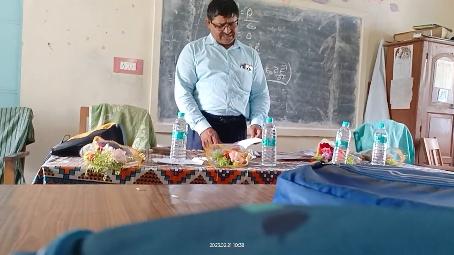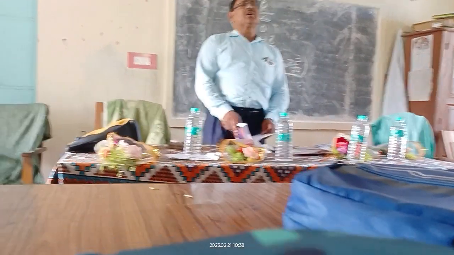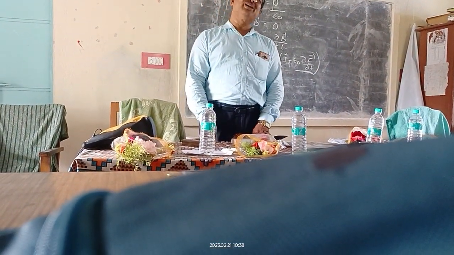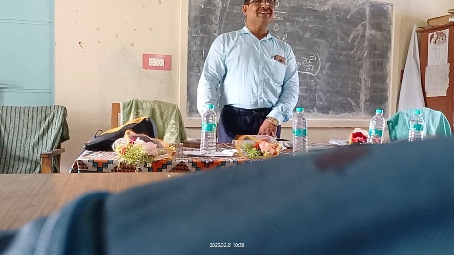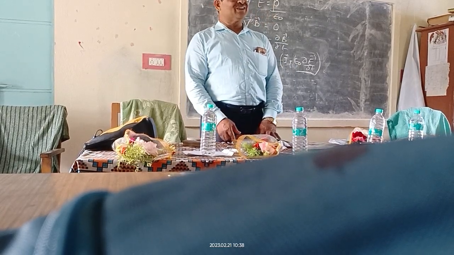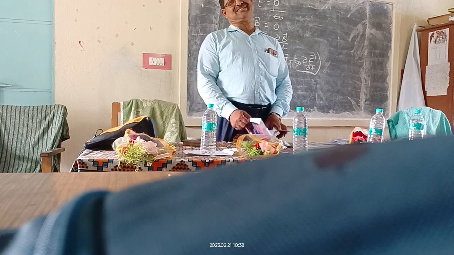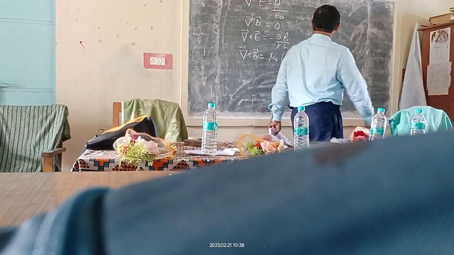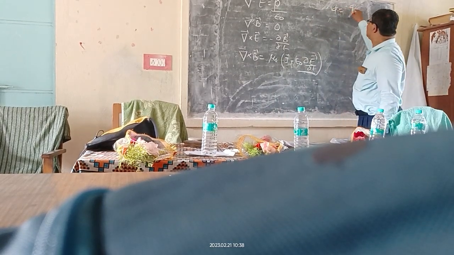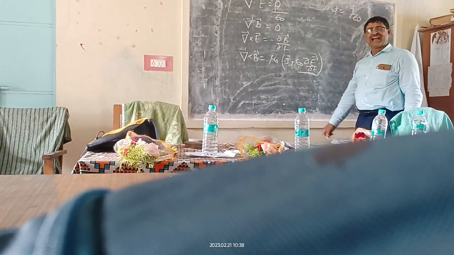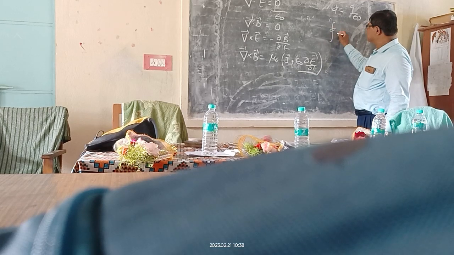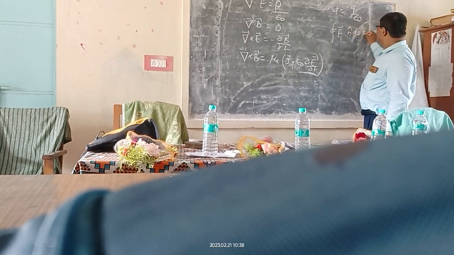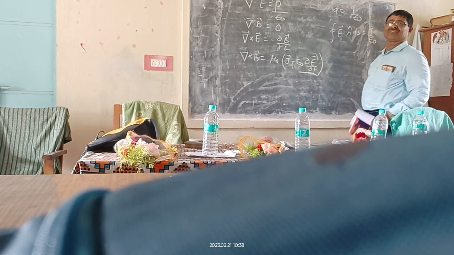Maxwell's first equation comes from the general idea of electric flux, from the law of electrostatics. You know Gauss law of electrostatics: phi is equal to q by epsilon 0, and phi can be written as the integral of E dot ds is equal to q by epsilon 0.